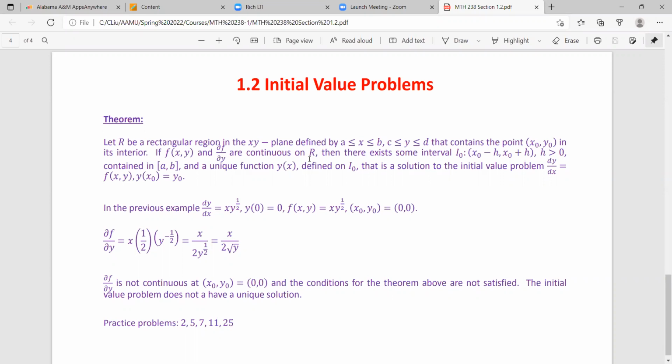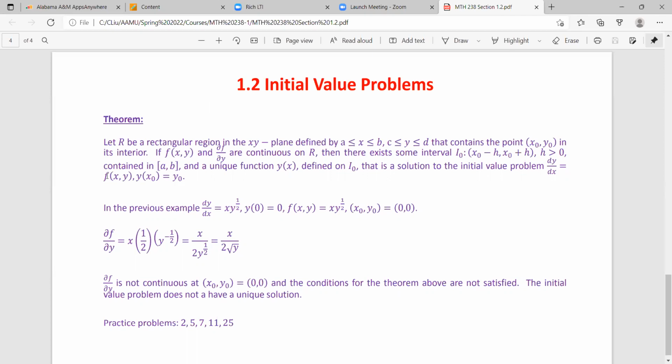I don't know if you took Cal 3 or not. If you did, then you should know what is meant by partial derivative. Okay, so f is a function of two variables, x and y. So you can take the derivative with respect to x and keep y as a constant. That's called the partial derivative of f with respect to x.